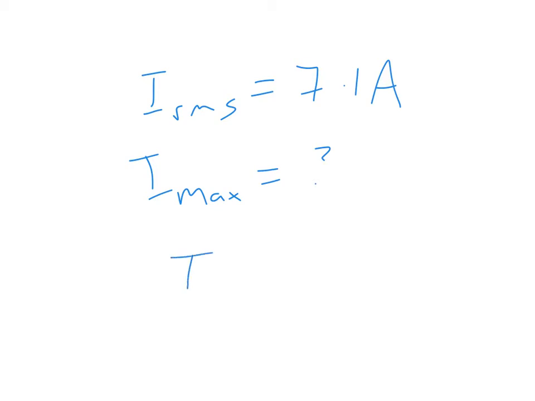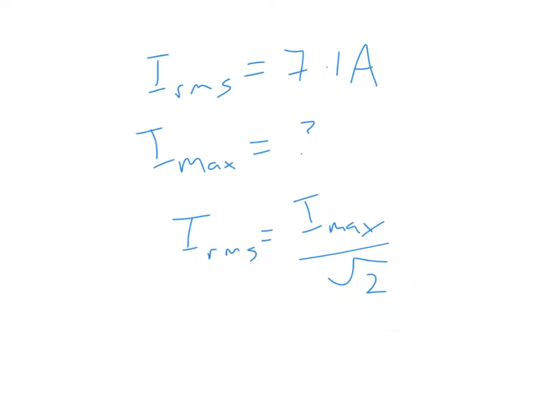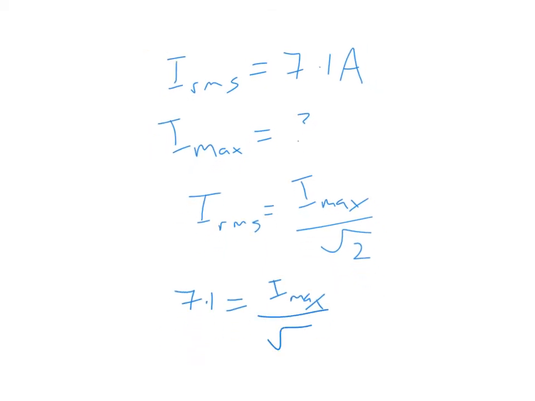So again, we're going to use a similar formula. The root mean square is equal to the max divided by the square root of 2. And we're going to fill in 7.1 here. That's going to equal the max current divided by the square root of 2. And then you solve that to find your max current.